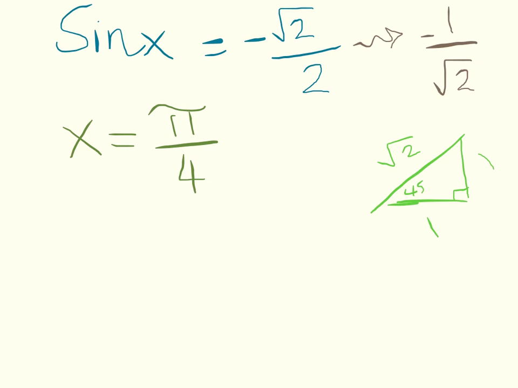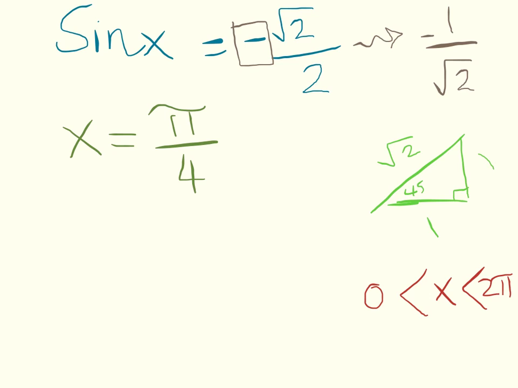Let's say I want to ask you for your answers between 0 and 2 pi. If I'm asking you for your answer between 0 and 2 pi, then you have two answers because sine is negative in two places. Since it's negative right here, I know that this is not my angle.